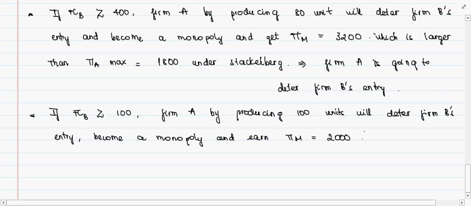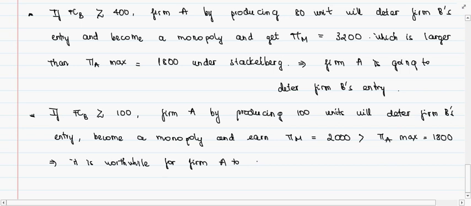This profit is bigger than the profit that firm A can get under the Stackelberg equilibrium, which is 1,800. So it is worthwhile for firm A to produce 100 units of output to deter firm B's entry.